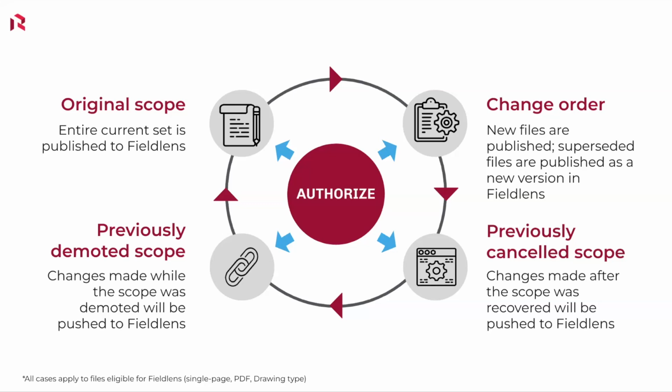If you at some point cancel any of those scope changes, don't worry, because those drawings will be removed from Freelance. So your team is updated and they will all see the same set of drawings at all times. If you demo the scope and you make any changes to drawings, maybe you replace some pages or add new ones, once you authorize that scope, it will also seamlessly post into Freelance for everyone.